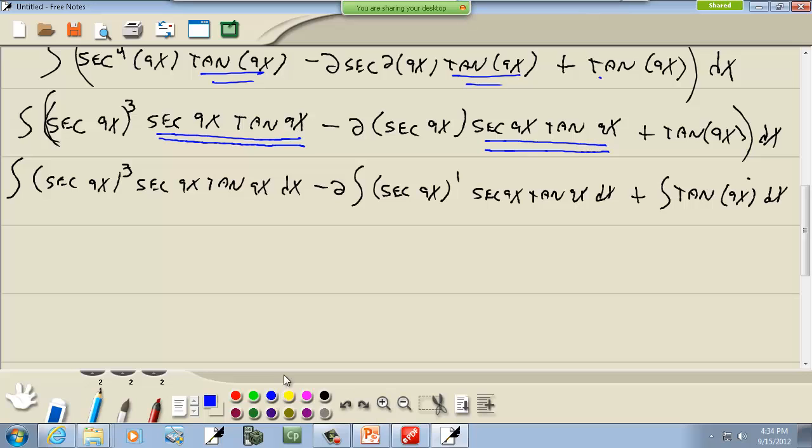And let me put the save part in blue again. That's save, and that's save.